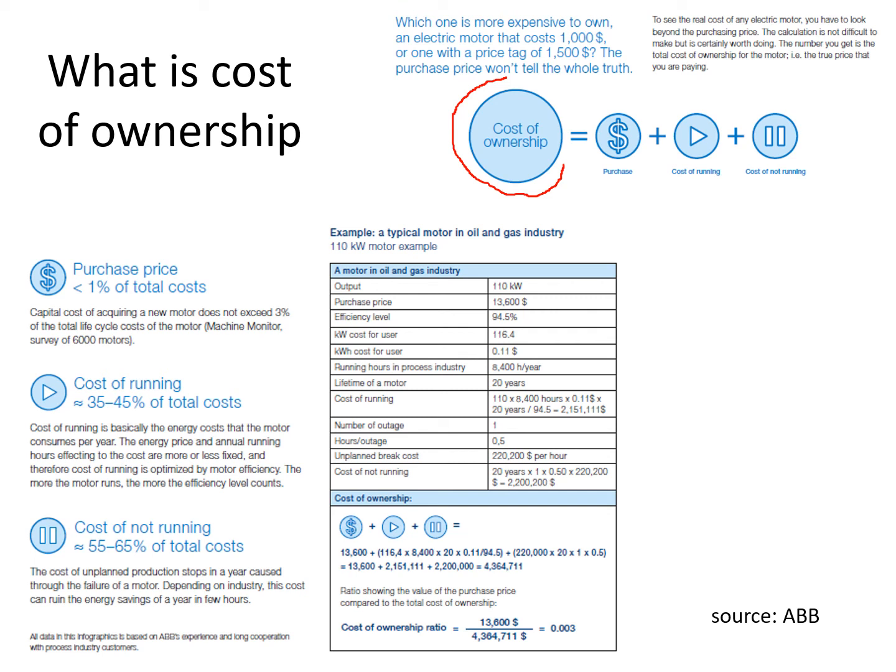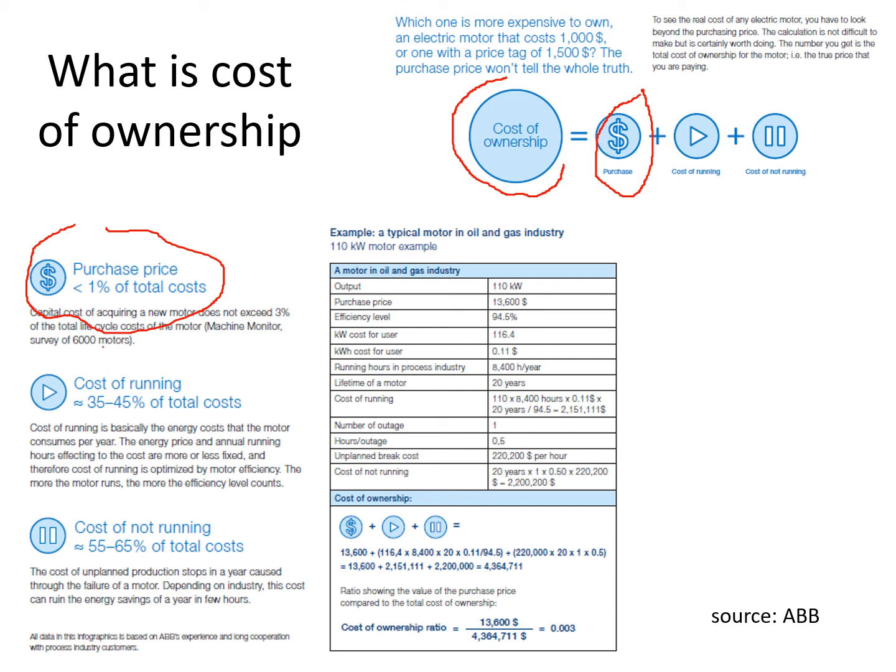What is remarkable here is the cost of purchase. The initial money you invest in having these components can be quite low if we look at the lifetime cost of it. It's just 1% or less of what we pay upfront.